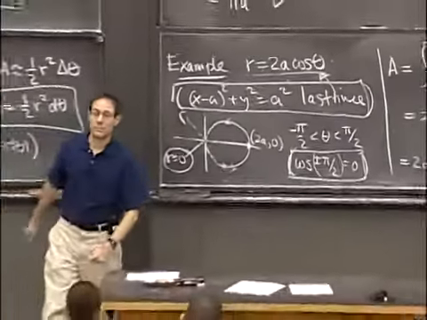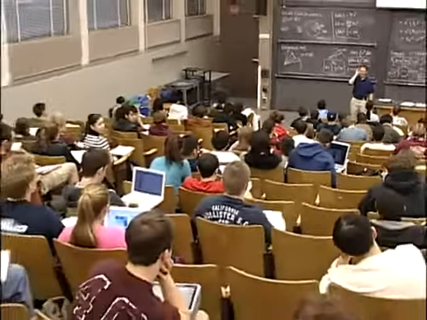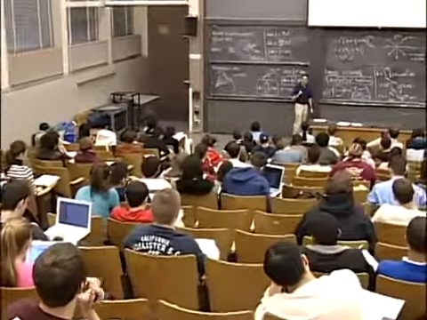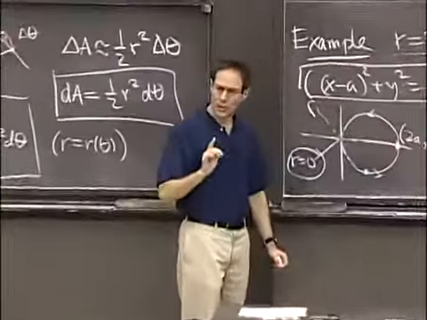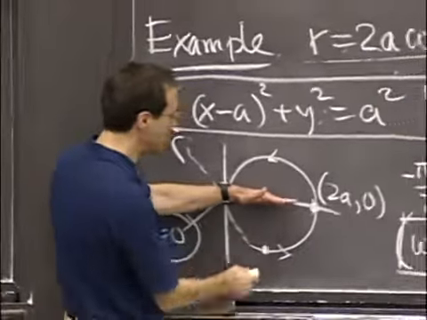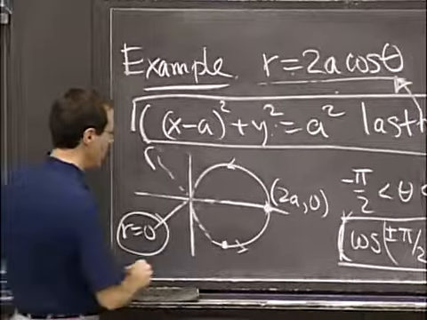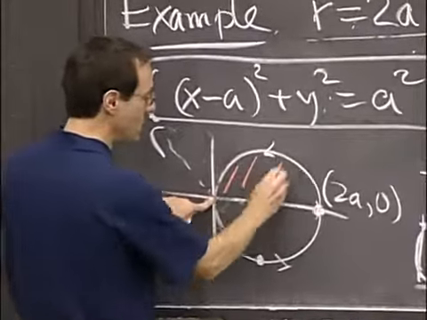Another question. Doesn't this equation also work if you just go from 0 to pi? Does the integration work if you just go from 0 to pi? The answer is yes. That's a very weird object, though. Let me just show you what that is. If you started from 0 to 2 pi, I'll illustrate it on here. The first thing that you swept out between 0 and pi over 2 is this part here.